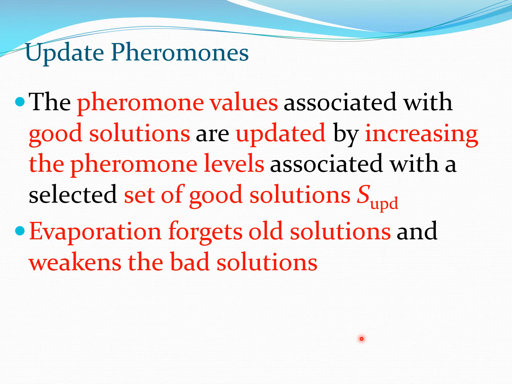The pheromone values associated with good solutions are changed as time goes by. So what happens is that you increase the pheromone values associated with a selected set of good solutions S_upd. So these are the values which are good, and they are updated here, and UPD refers to that particular fact.